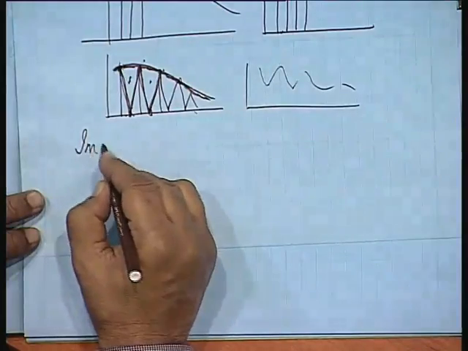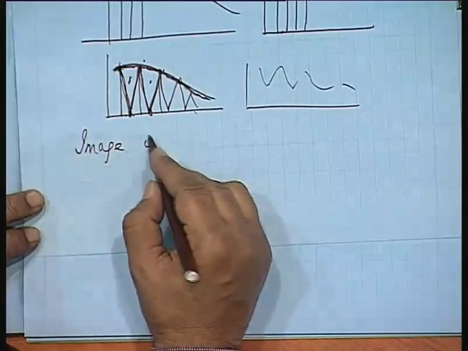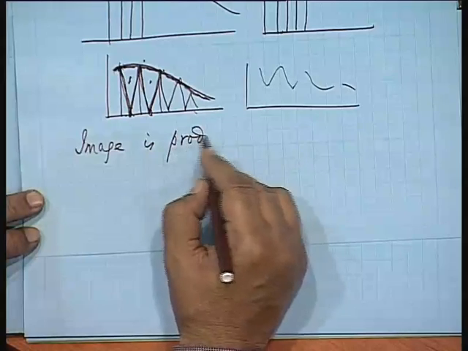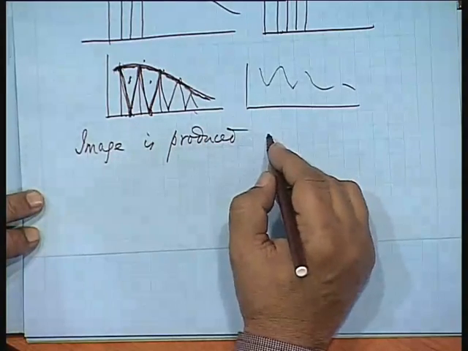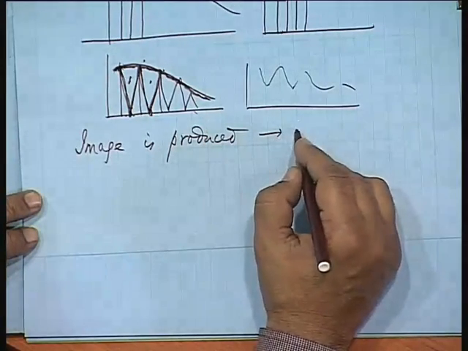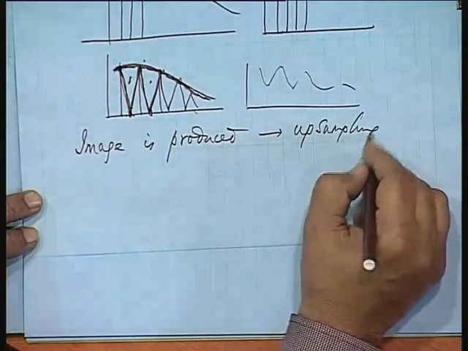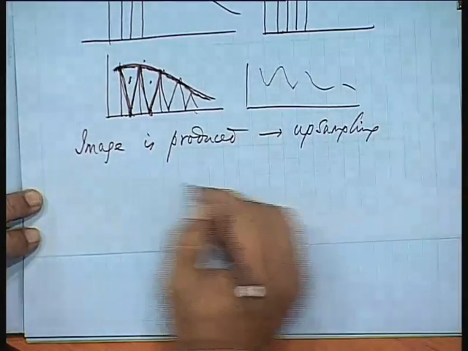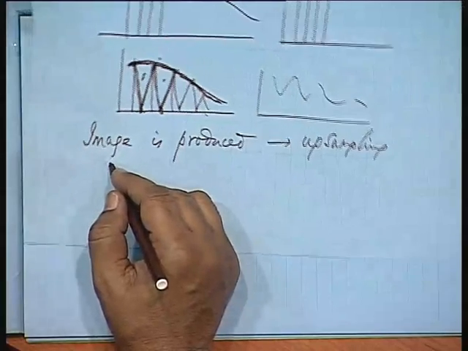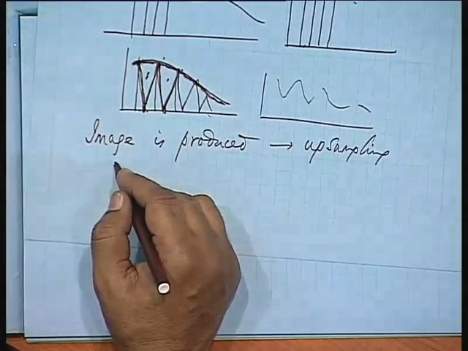So the image is produced in an upsampler by this upsampling process, and we will have to insert a filter later on.